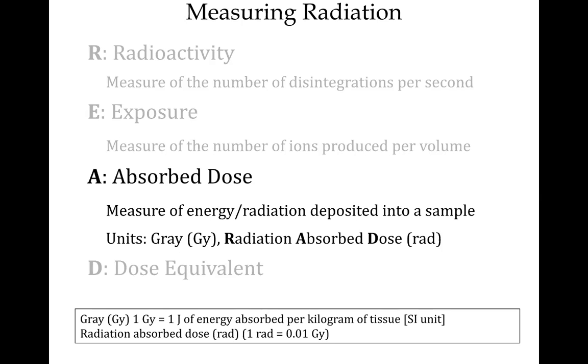Radiation is energy, and therefore we can quantify it using the unit of energy, which is joules. So a gray is going to be 1 joule of energy per kilogram of tissue. That's the SI unit. Whereas a rad is going to be 0.01 grays, or 0.01 joules of energy per kilogram of tissue.